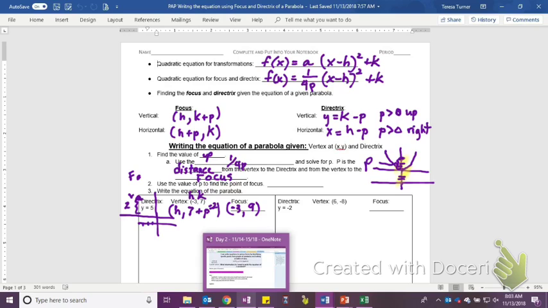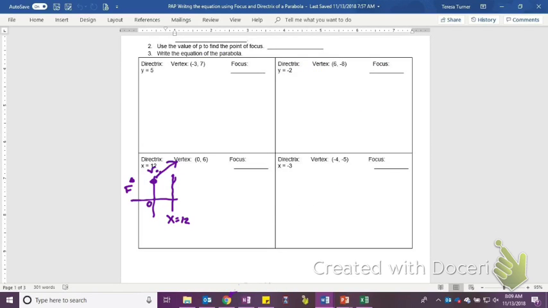Now, pause the video and you try the one on the right. So we've been told that the directrix is at x equals 12, that the vertex is at (0, 6), and we know because the directrix is vertical that this is going to be a horizontal parabola.